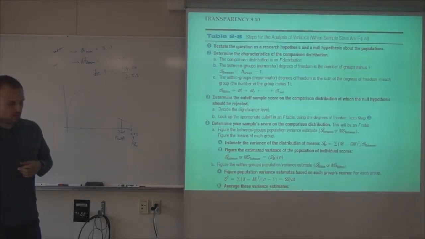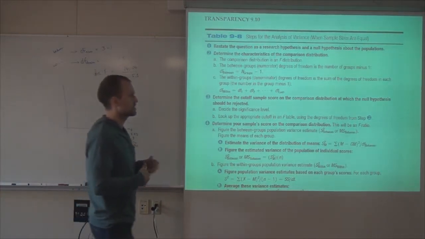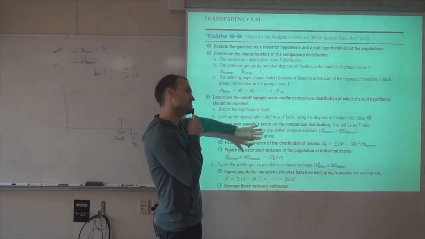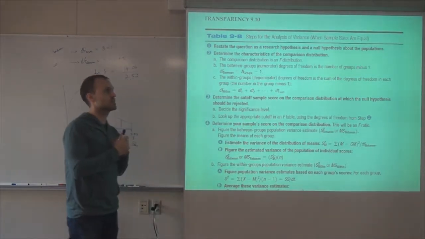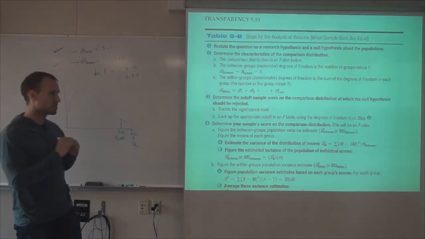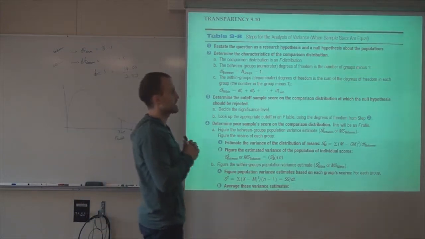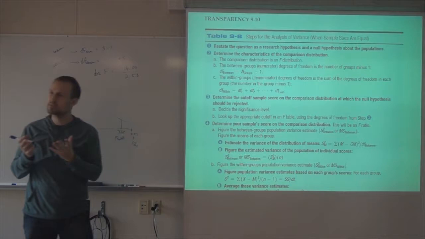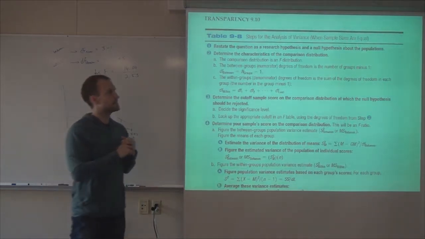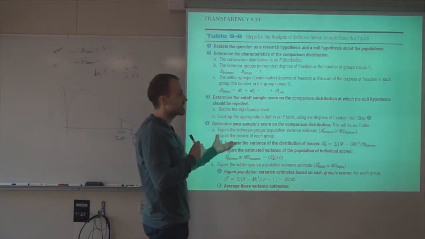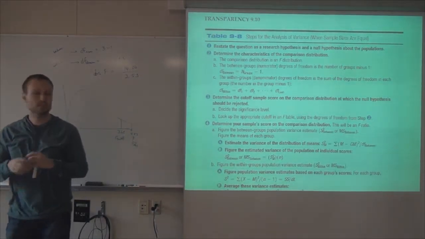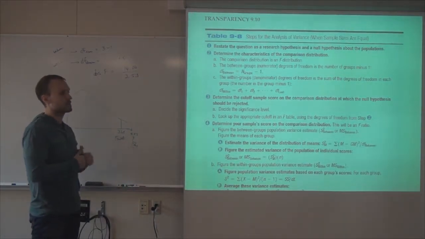Alright, so you can look at this slide. I'm not going to read through this. Hopefully you see the differences, but also the similarities between what we've done before and what we're doing now. We have a different comparison distribution, different calculations involved in getting it, and in getting the observed score and comparing it.